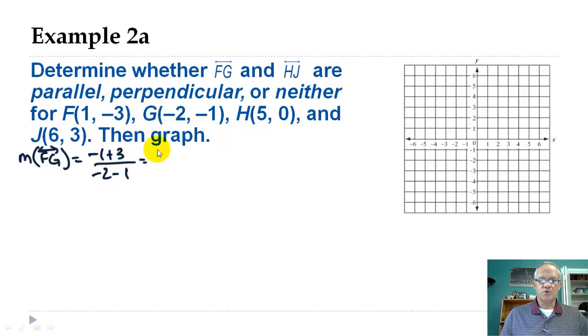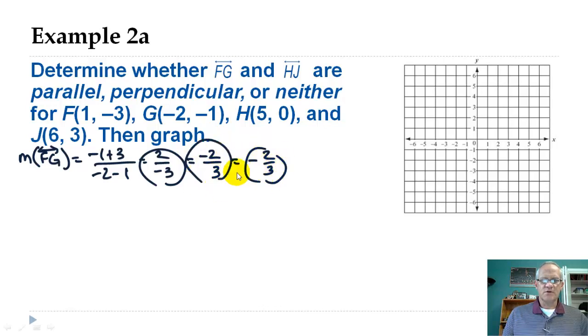So 3 minus 1 is 2, and then -2 minus 1 is -3. So it looks like the slope of that line is -2/3. Just keep this in mind. If we got 2 over -3, that's the same thing as -2 over 3, or if you just wrote a negative out in front, -2 over 3. All three of these mean the same thing, okay? If you have a negative on top and bottom, they cancel out to be positive.